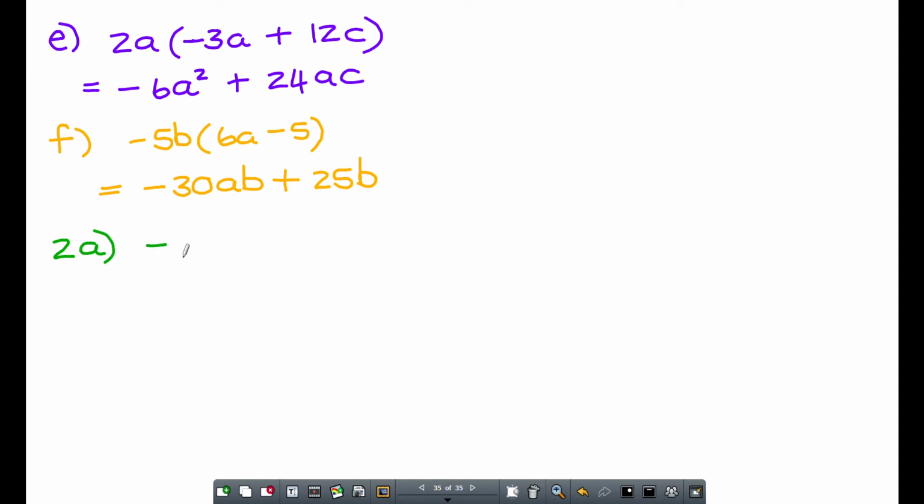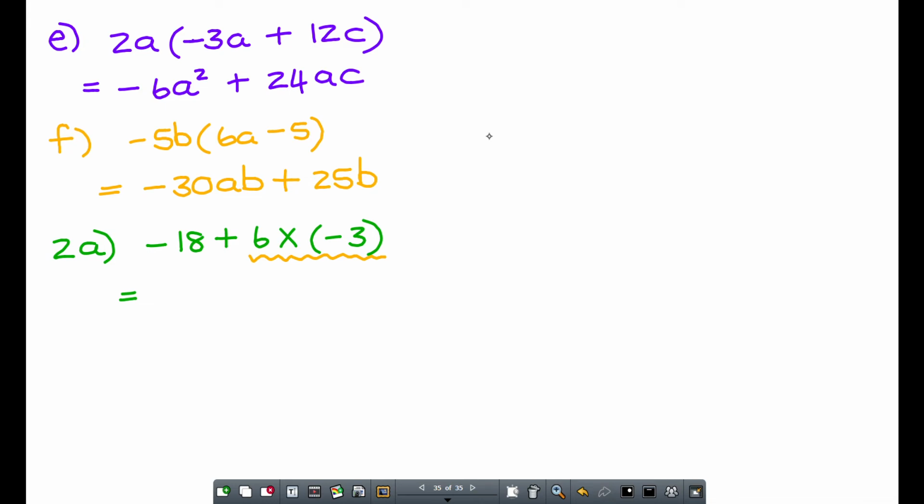2a minus 18 plus 6 times minus 3. Okay, now BODMAS was very important here. According to BODMAS, I first have to work out brackets. But that bracket, I couldn't go any further than going to the next step anyways, which will be multiplication.